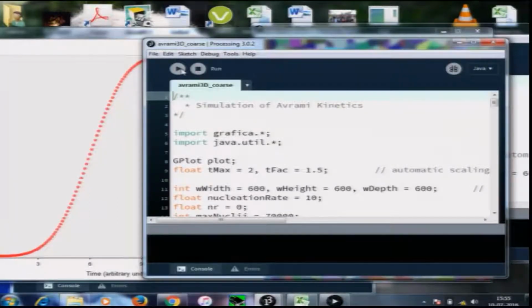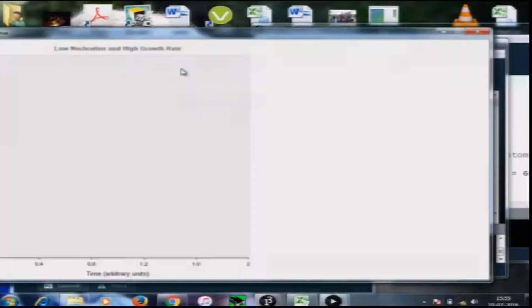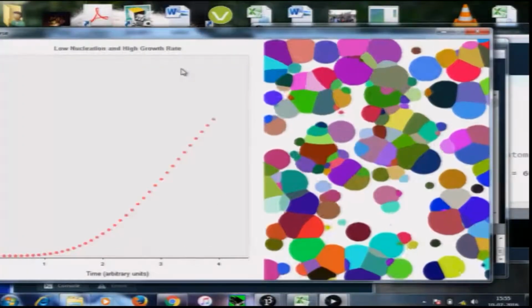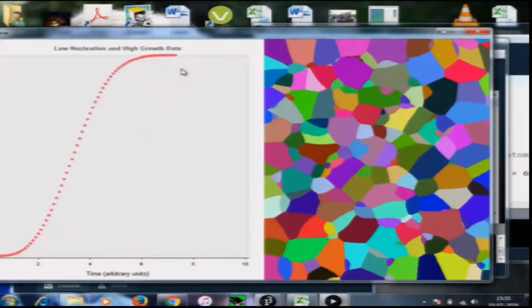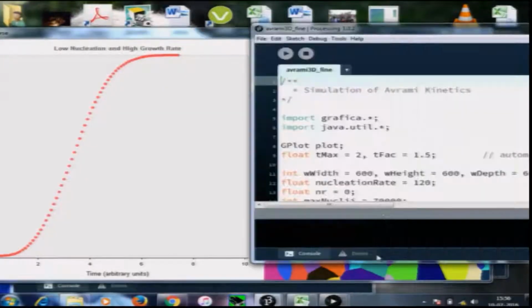In that scenario, if one looks at the structure, one will find that bigger grains are produced in this case as opposed to the previous simulation, and on the left hand side again we see this fraction transformed versus time.